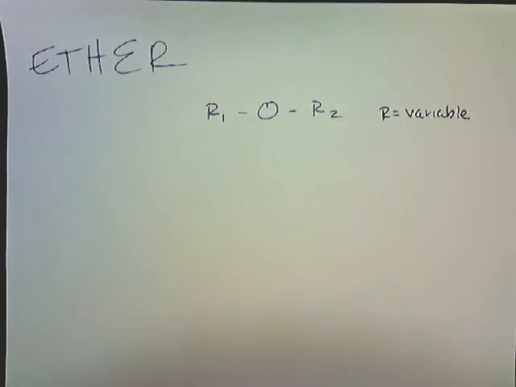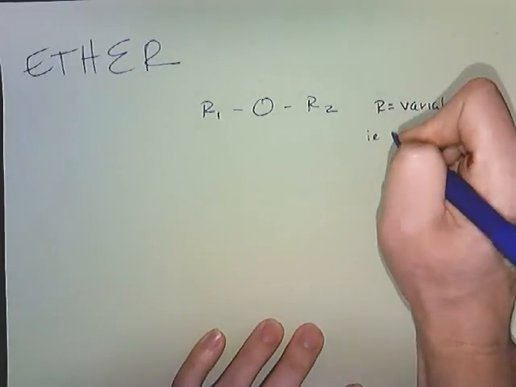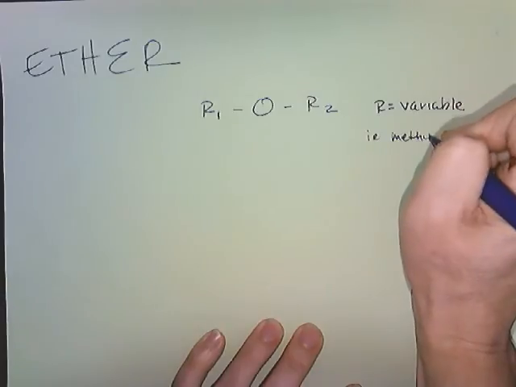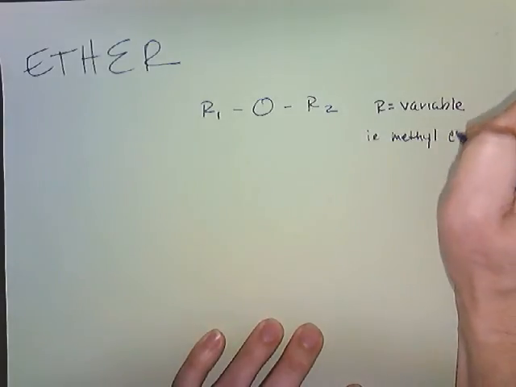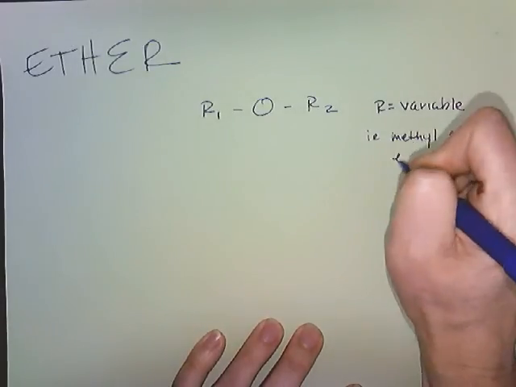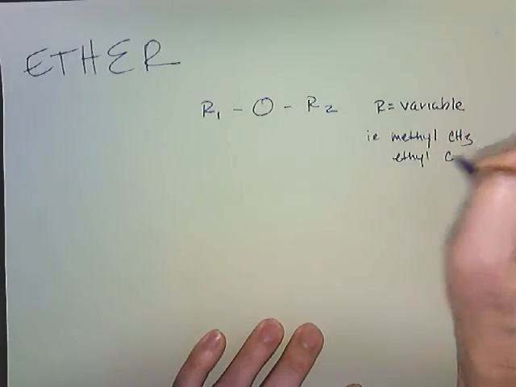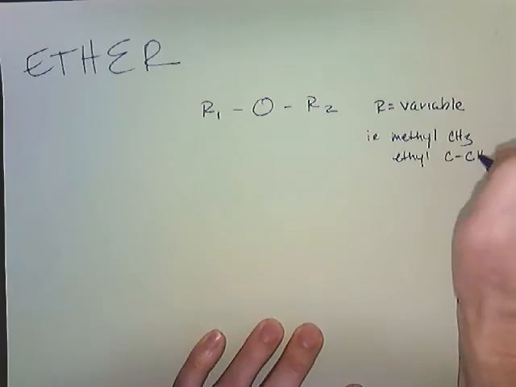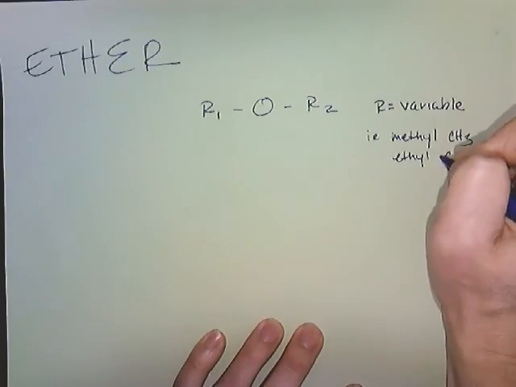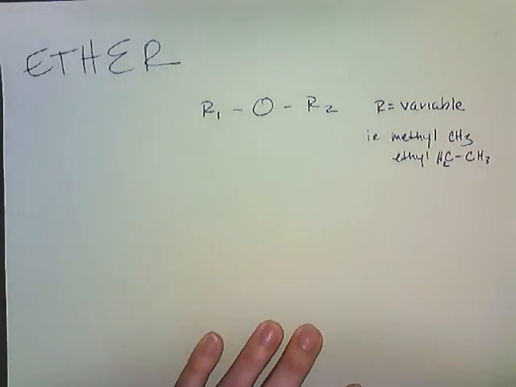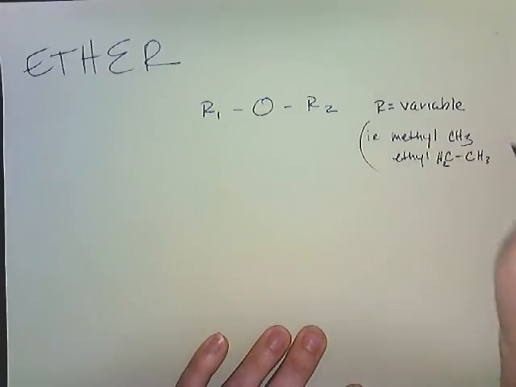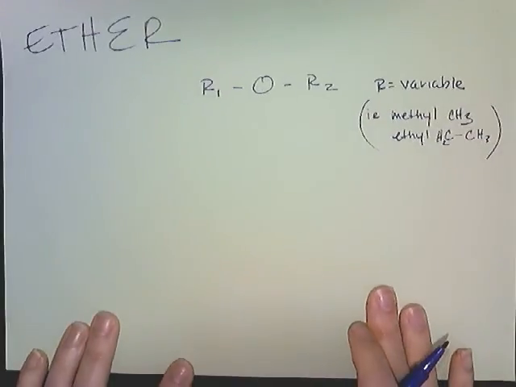So for an example, it could be a methyl, like CH3. It could be ethyl, right? CH3, CH2, could be one of those ethyls. So it can be variable. That's what the R stands for.